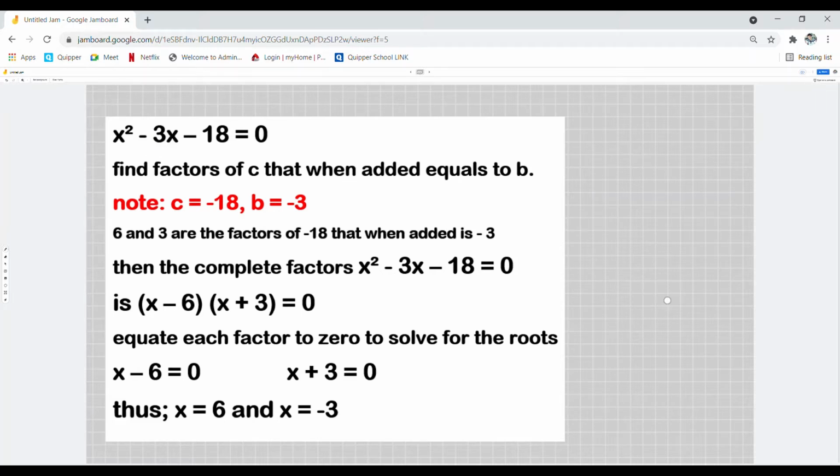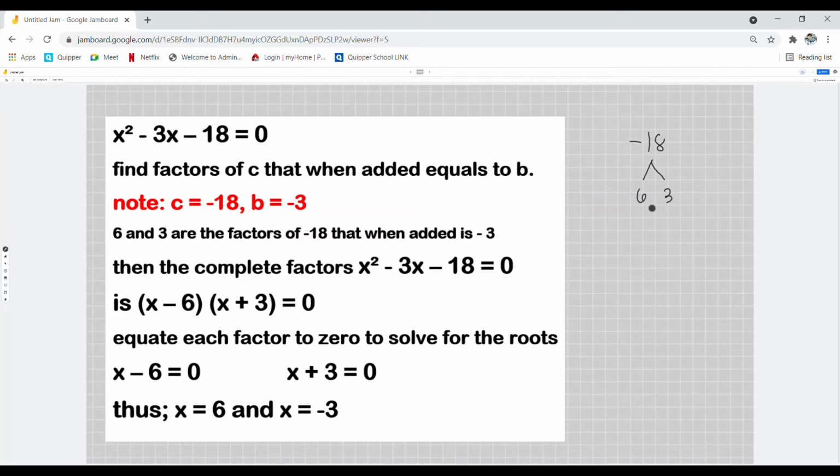In other words, I'm going to show it in the corner. Here you have 18 as your c, and so you're going to factor that. You look for numbers, factors of 18 that when added would be negative 3, would be equal to b. So what are the numbers? You can have 6 and 3, right? 6 and 3, but one should be negative here.